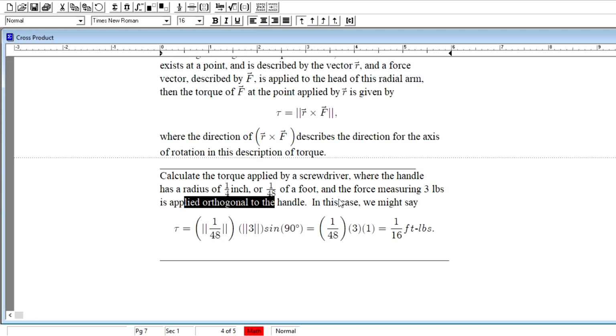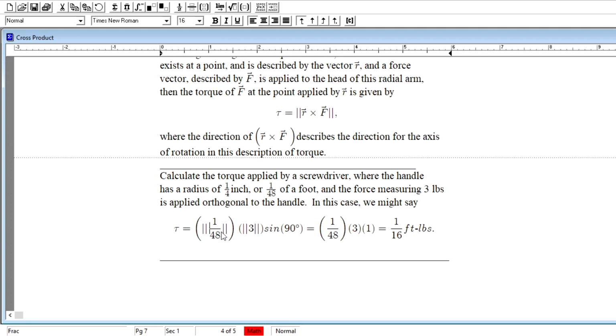In this case, we might say that the torque is the magnitude of the radial arm, which is 1/48 of a foot. And I'm measuring in feet for a very specific reason we'll see here at the end. The force is being measured in pounds, 3 pounds, so its magnitude is actually 3 itself. And because we're applying it orthogonally to the handle or to the radial arm, that would be at a 90-degree angle. So it would be the magnitude of 1/48 times the magnitude of 3 times the sine of 90 degrees, which is really just 1/48 times 3 times 1 in value.